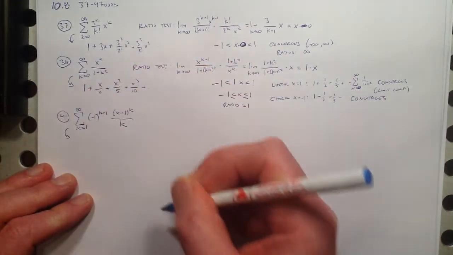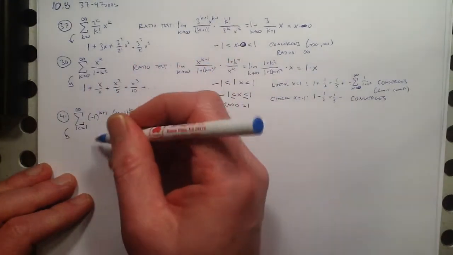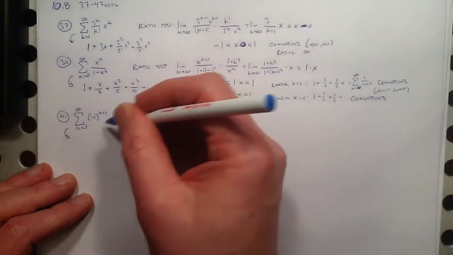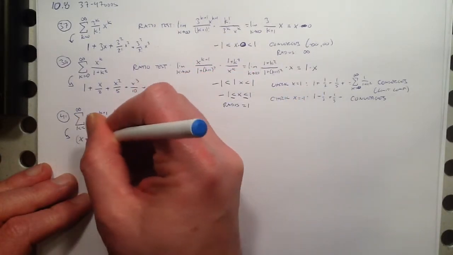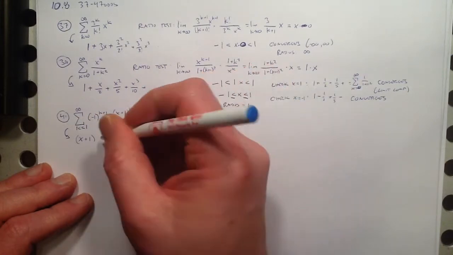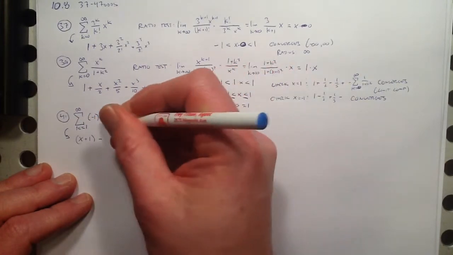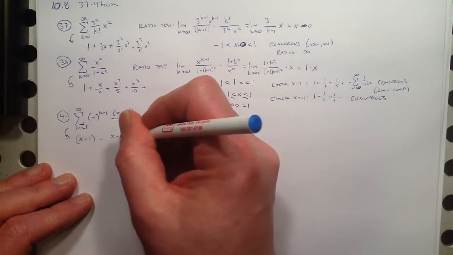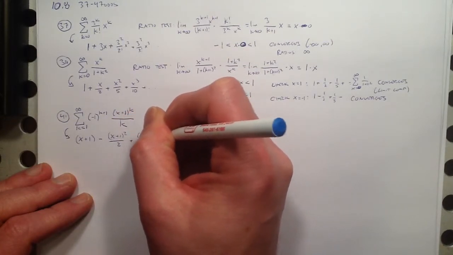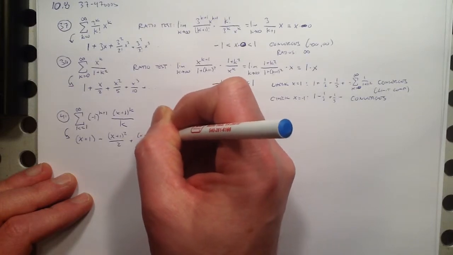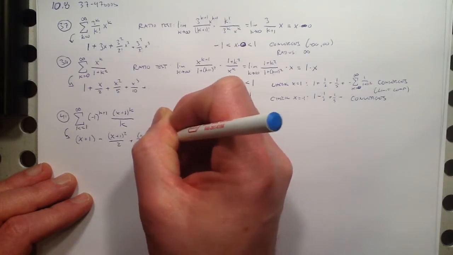First few terms here. When I plug in 1, I get a positive term, so it's going to start positive. X plus 1 over 1. And then minus, it's alternating. X plus 1 squared over 2 plus x plus 1 cubed over 3, and so on.